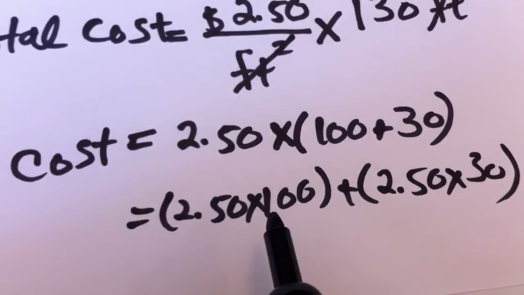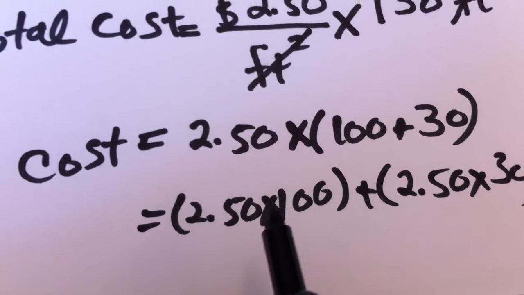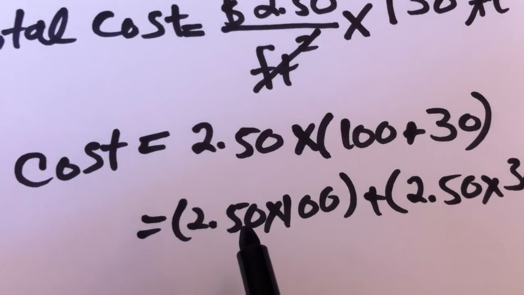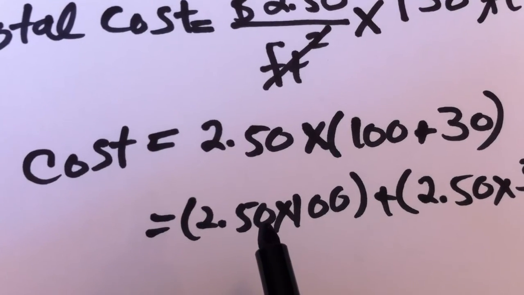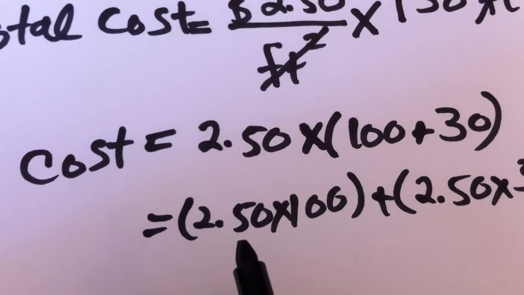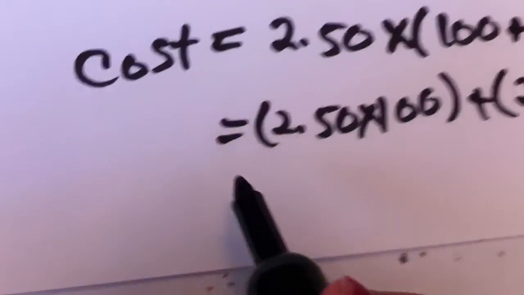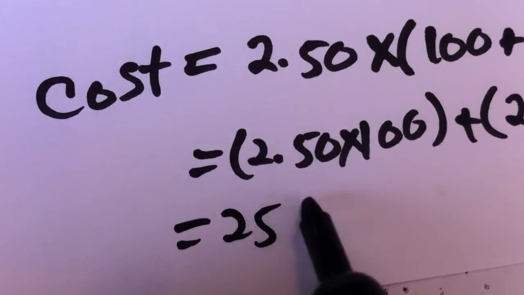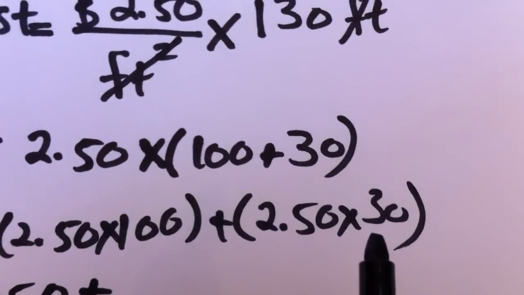So 250 times 100, all we have to do, because we have two zeros in 100, we'll make the number larger by two zeros. That means you move the decimal point 2 places to the right. So 250 times 100 will give us 250. And 250 times 30 is also not difficult.